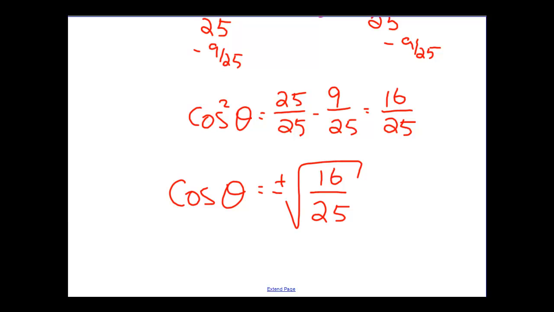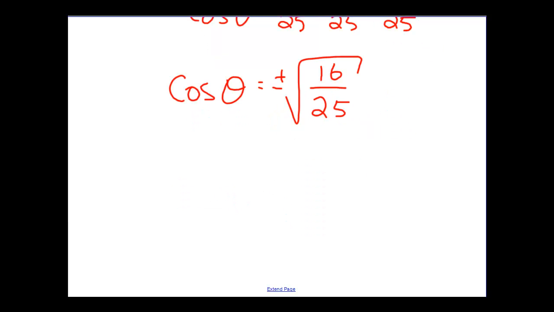So in this case, the cosine of theta is equal to plus or minus the square root of 16 over 25. And the square root of 16 is 4, the square root of 25 is 5. So our answer here is either plus 4/5 or minus 4/5. How do we determine which one?